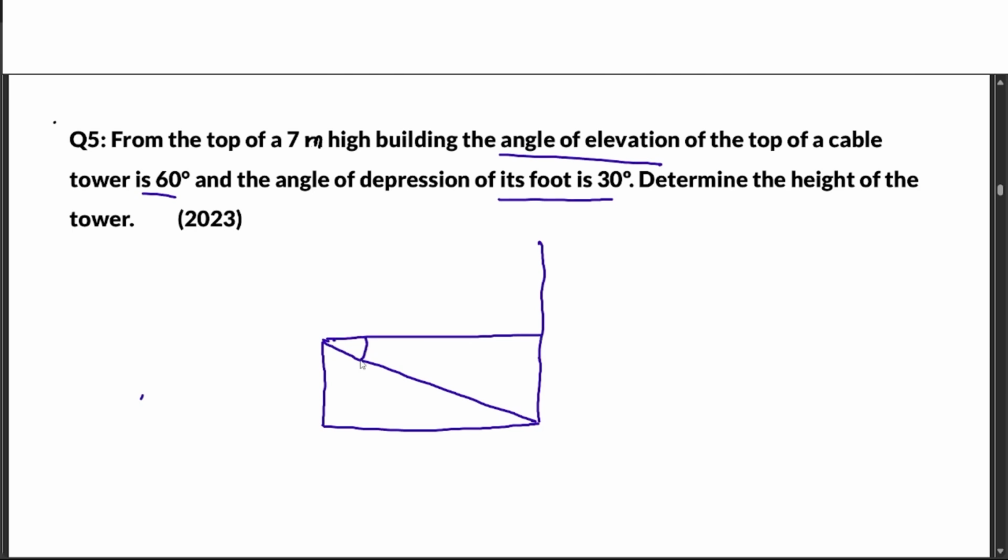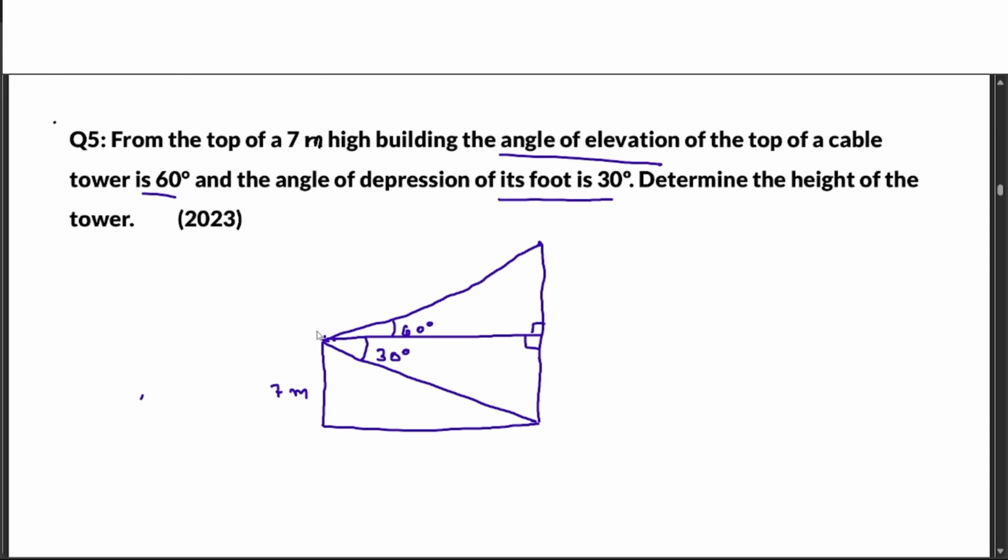So we can say this is making 30 degree. Okay. And this one, your top is how much? 7-meter. Okay. Now after that, from that same point it is making the angle of elevation that is 60 degree. Now here you can say this is 90 degree, this is 90 degree. Now after that, we have to find the height of the tower.